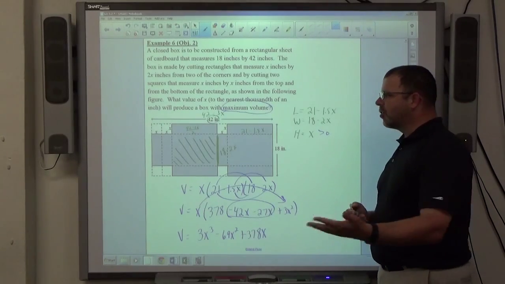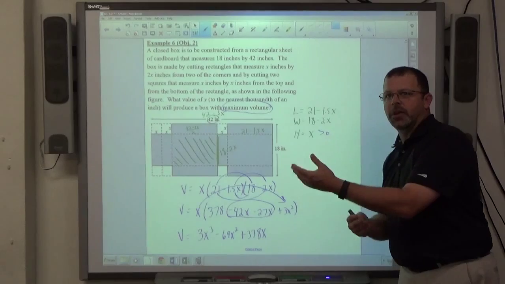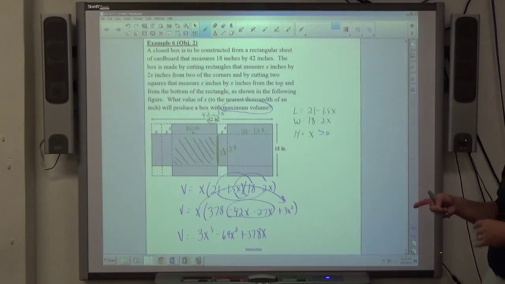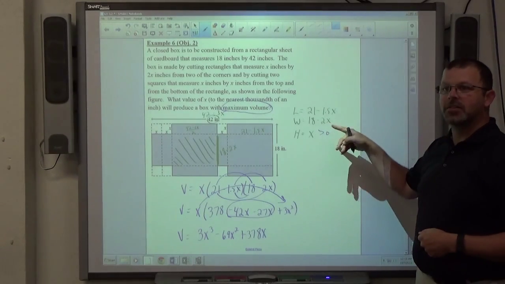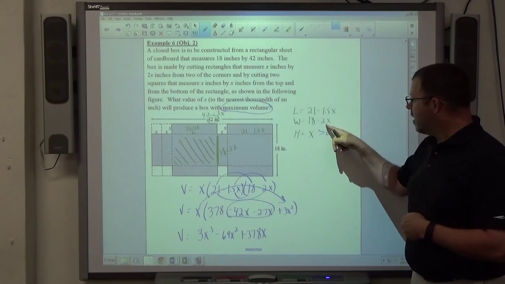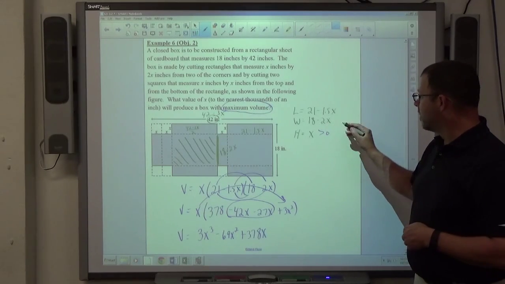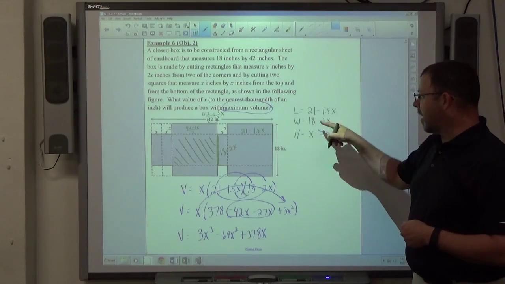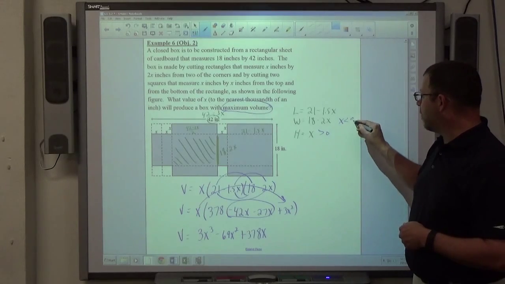There's also a high end of x. If we go too big on x, we're going to be negative again because 18 minus 18 is 0. So if x equals 9 here, then this is going to be bad. So x has to be less than 9 for that one.